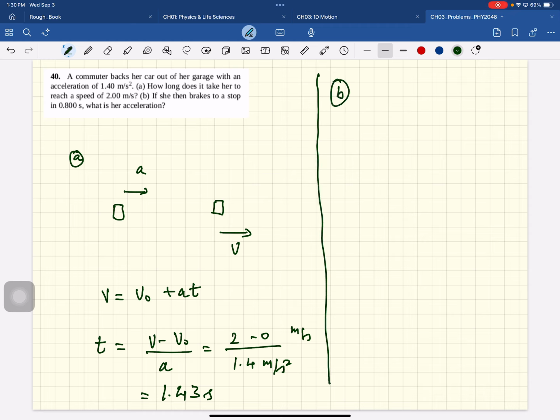All right, so let's find out the deceleration. Now, we're going to use the same equation. Okay, what is the final velocity this time? Okay, so here you're going at 2 meters per second and you ended up there. Your initial velocity is 2 meters per second.